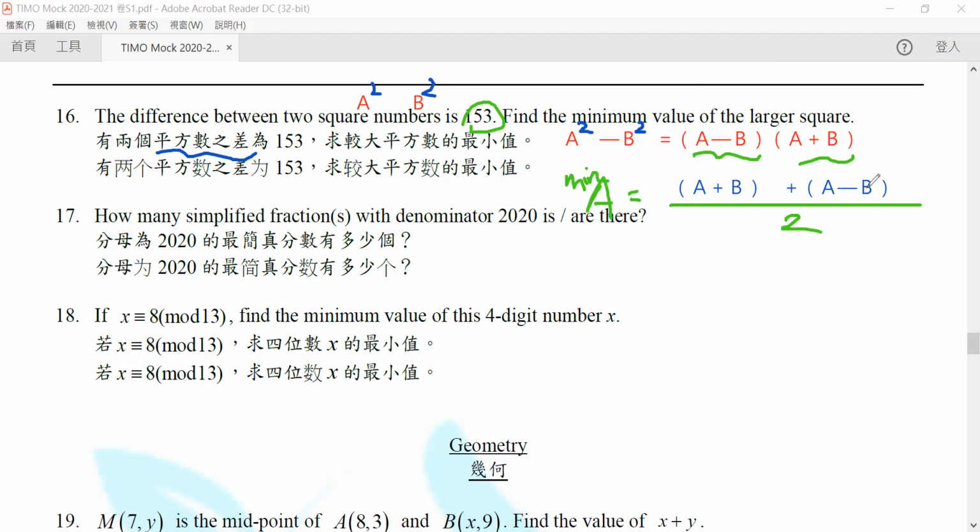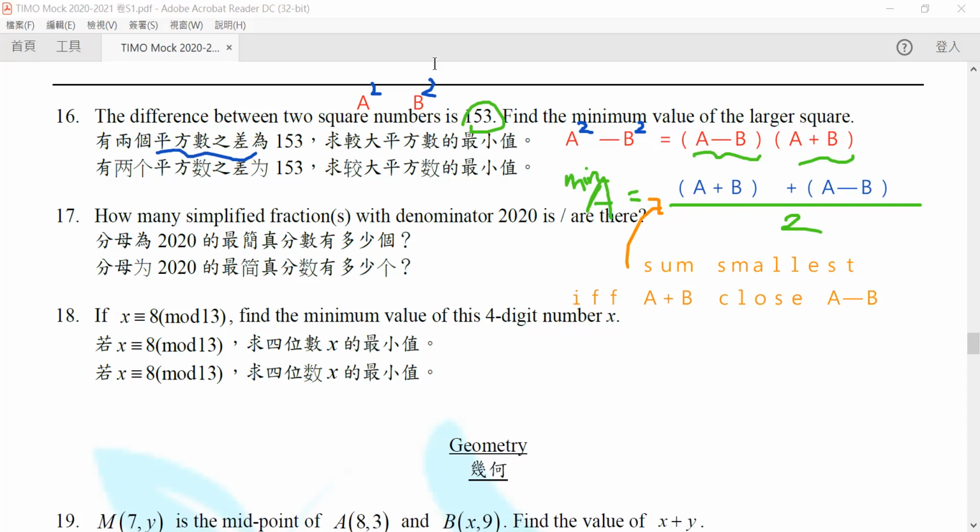The sum is the smallest if and only if a plus b is close to a minus b. If and only if these numbers are close, these numbers are roughly equal.